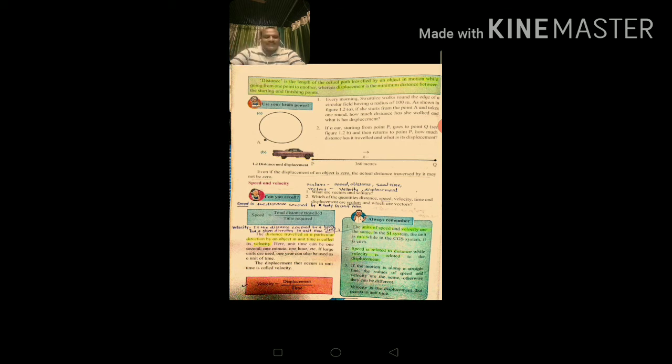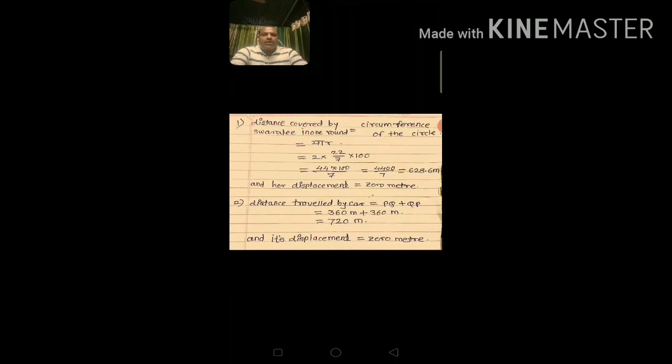How much distance has she walked and what is her displacement? Swarali walks every morning on a circular path whose radius is 100 meters.